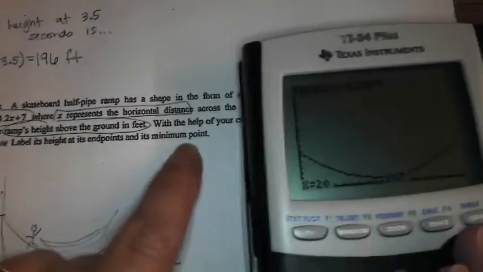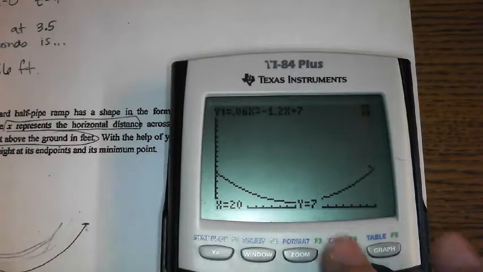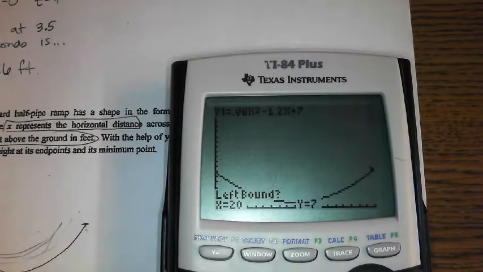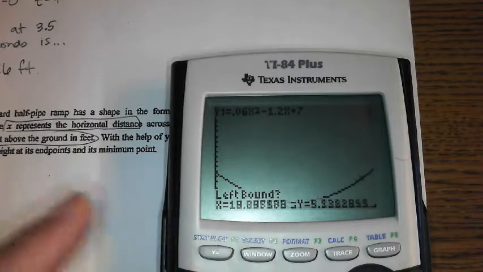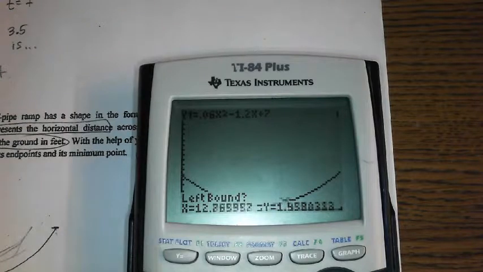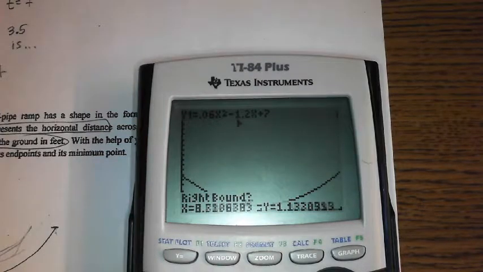And its minimum point. This is second trace. What do I do to find its minimum? Minimum. Left bound, scroll over. I have to go way over. Left bound, enter. Go to the right of my vertex. Enter, enter.